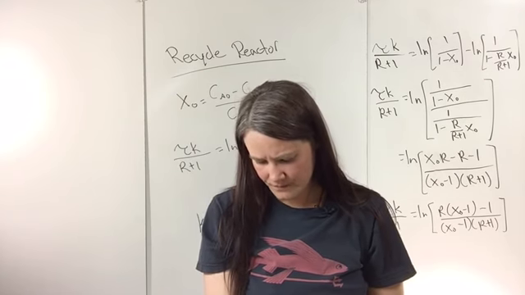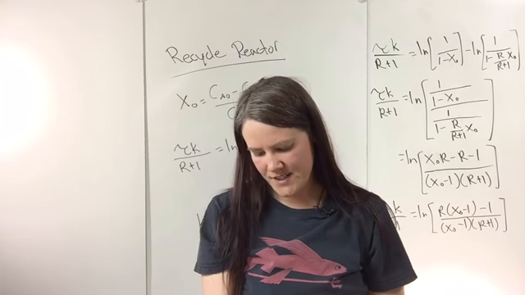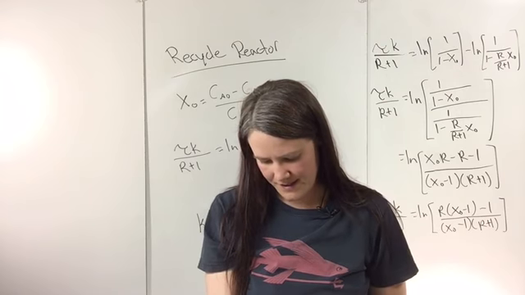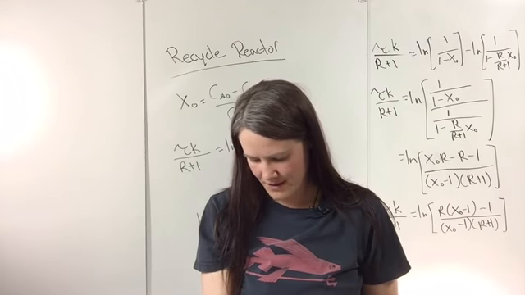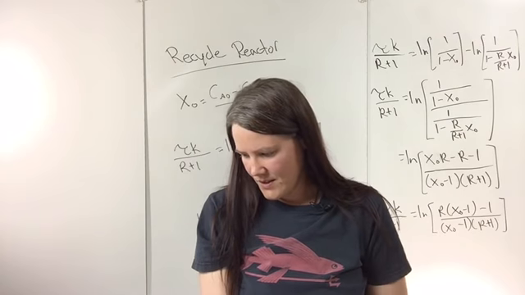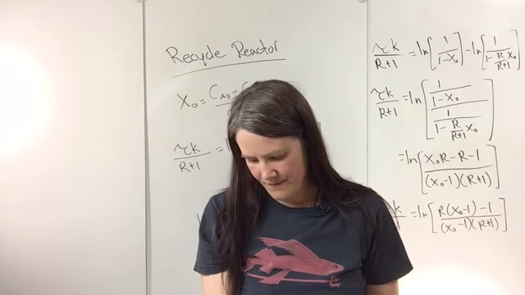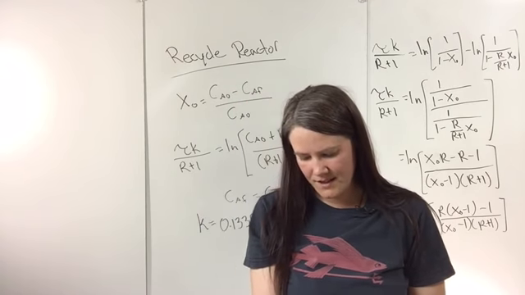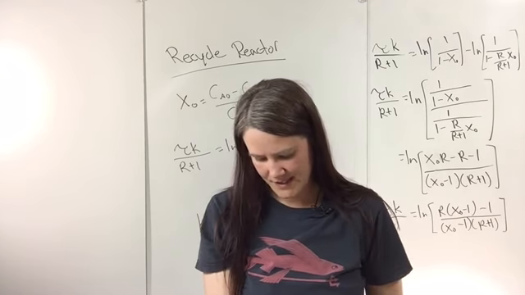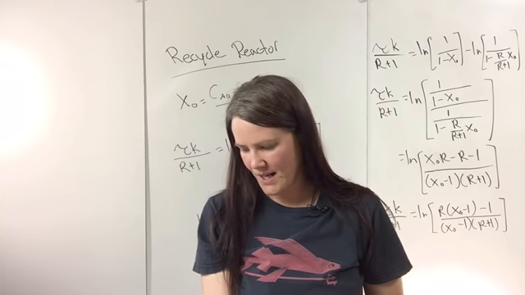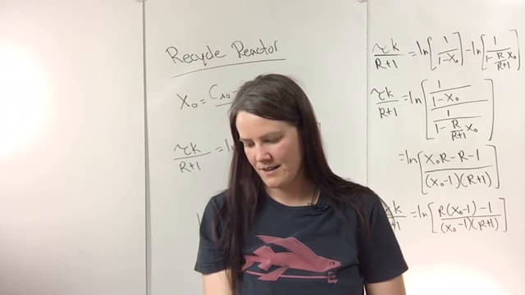Then you process your data in terms of a measured variable. You're going to be given data. Then you take your mole balance and put it in a form where you can plot a straight line.